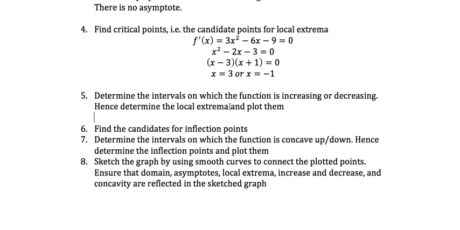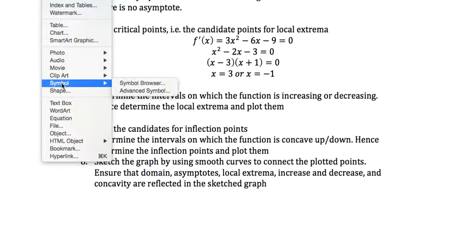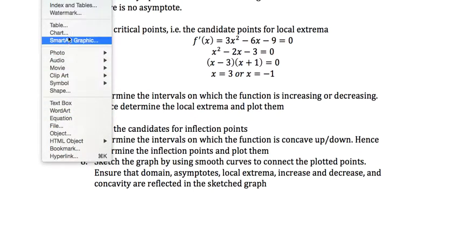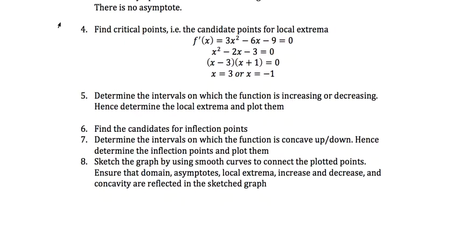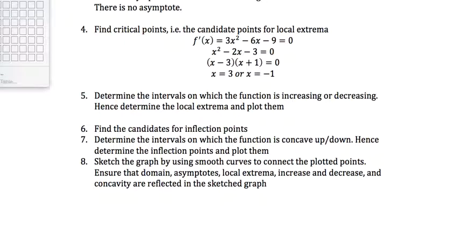That's why we need to determine on which intervals the function is increasing or decreasing first, then we can determine whether those two candidates are a local maximum or local minimum. In order to do so, I can build a table. I will build a 6 column, 3 row table.